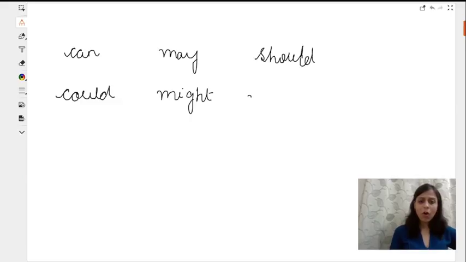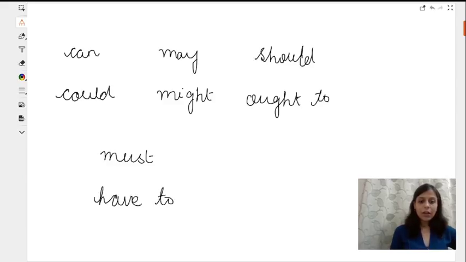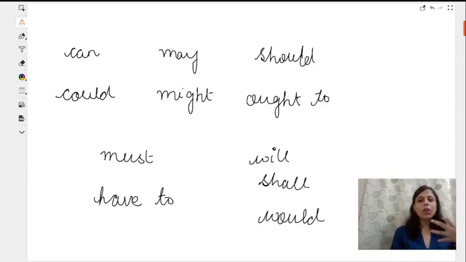I have ought to. We're going to study what these all stand for. I have must, have to. Then I have will, shall, and would. So these are some common words that we're going to focus on, and I'm going to tell you which modal fits which sentence the best, right?